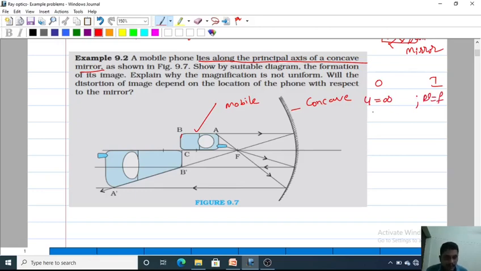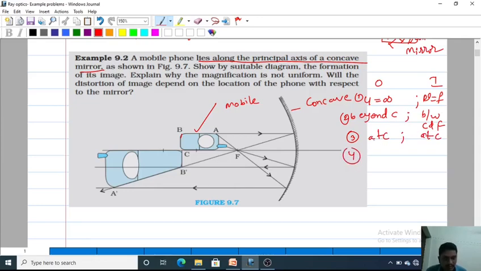And when the object is placed beyond the center of curvature, beyond C, you will get the image between C and F, center of curvature and focus. This is the first and second point. Here, when the object is placed beyond C, you will get a diminished image between C and F.